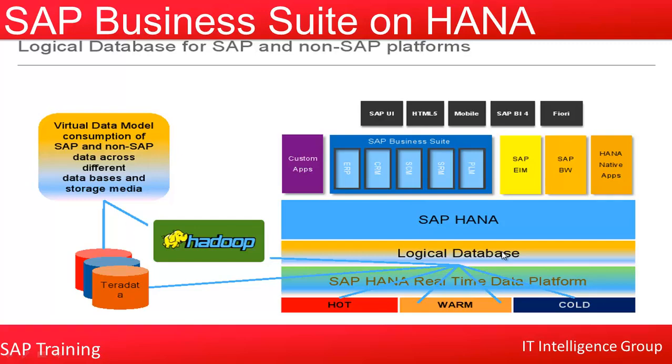For example, data you are not using very frequently, you can transfer or put in an archive, or if you want it to be available online, you can go for tools like IQ based archiving, that is NLS based nearline storage. So you have these concepts: hot data is available in HANA, warm data you can say is in Sybase IQ, and cold data you can put in archive tapes.